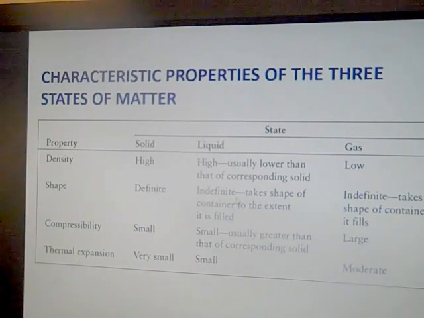The liquid and gas take on the shape of the container. The compressibility of solids and liquids is small. The compressibility of gases is large. So basically, this is easily measured. Changes in the volume are large in gases, whereas for solids and liquid phases, they're moderate.